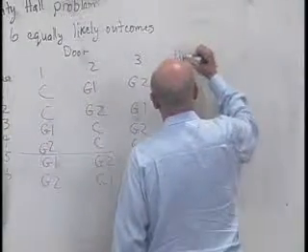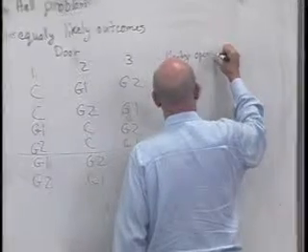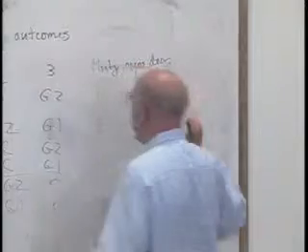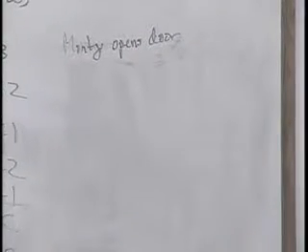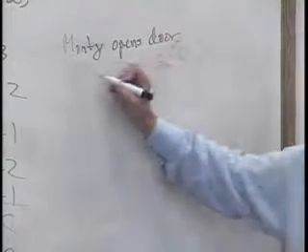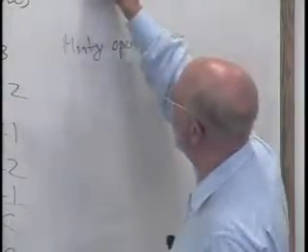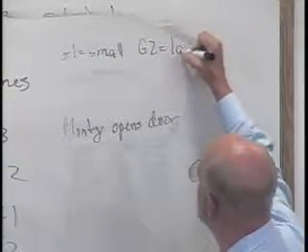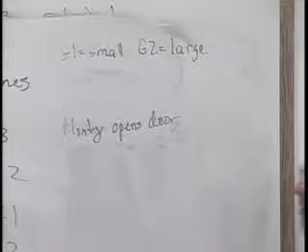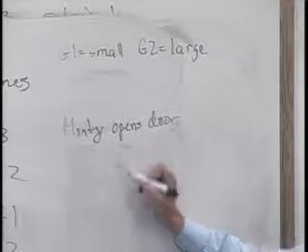So let's interpret the rules. Monty opens which door? He's going to reveal the smaller goat, G1, if he has a choice. So what's he going to open here? Which one is the smaller? The smaller one, G1, is small and G2 is large. So which door will he choose to open here? 2. And here?